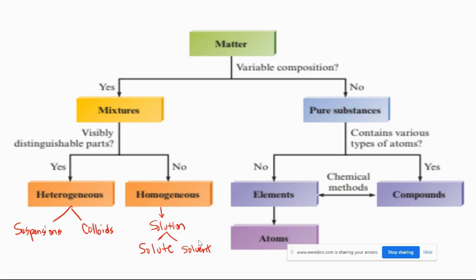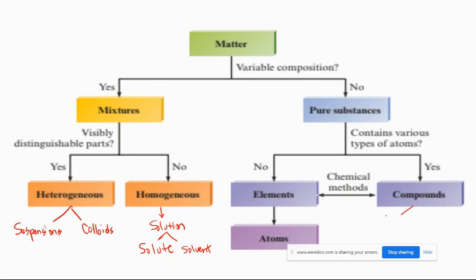All right. Then we have where the composition is not variable, and that's going to be your pure substances. If it contains more than one type of atom, that's going to be your compound.